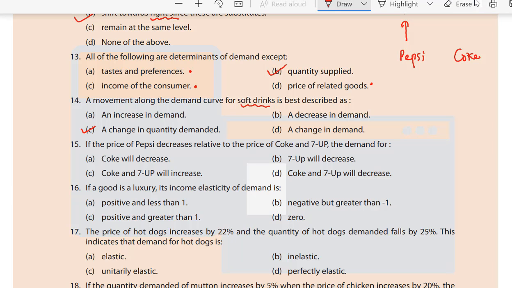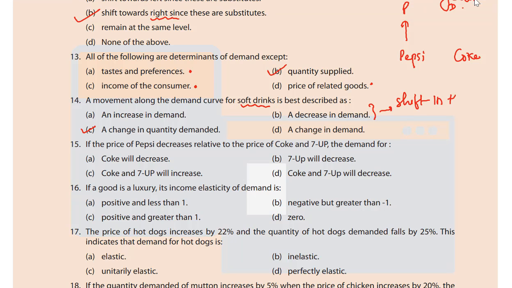It could be an upward change or a downward change, but it should be a change in the quantity demanded. So increase in demand and decrease in demand is not movement along the demand curve. These are shifts in the demand curve, because the whole demand curve shifts either to the right or to the left.